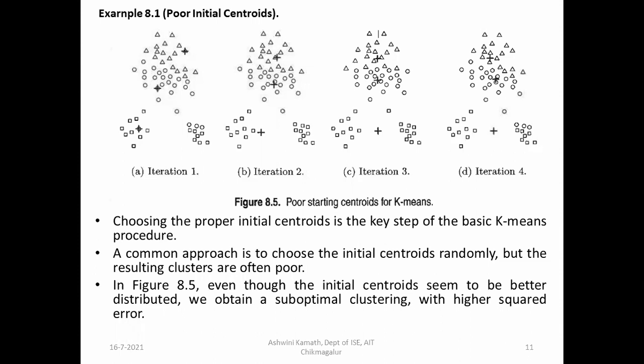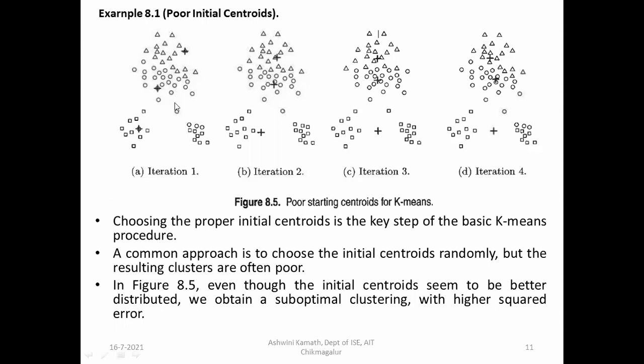In figure 8.5, even though the initial centroids seem to be better distributed, we obtain a suboptimal clustering with higher squared error. In iteration 1, the randomly selected points are one centroid here, another here, and one here.